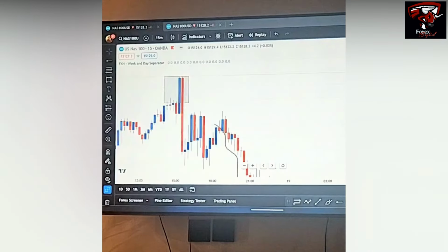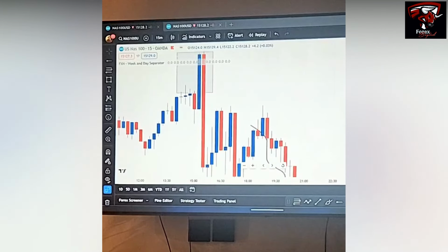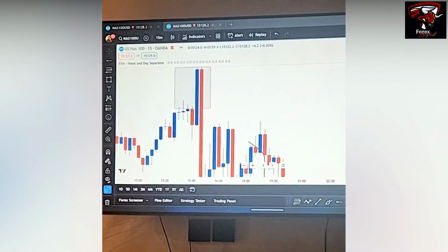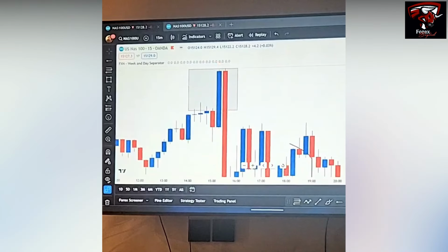Now, obviously, within the 15-minute time frame, right, we want to see them purge, right? So what did they do? You see this liquidity sitting over here? They took it. This liquidity sitting over here? They took it.